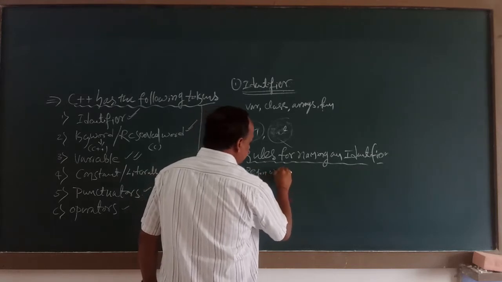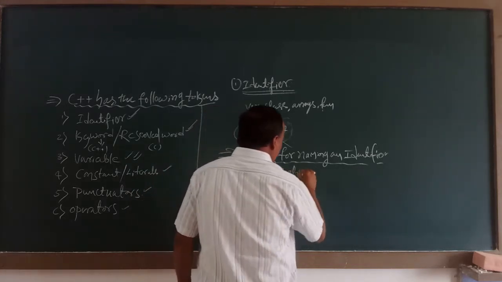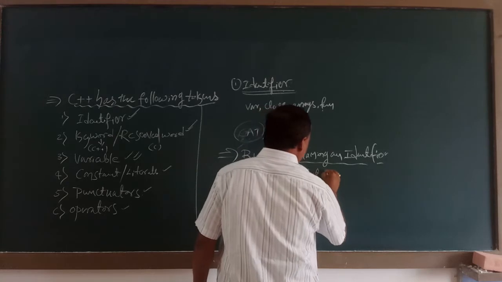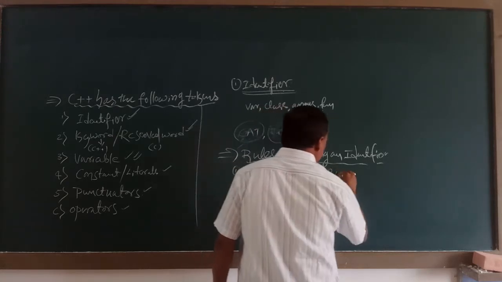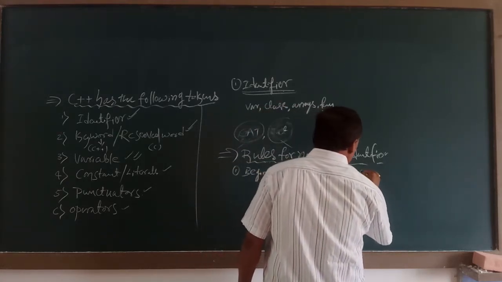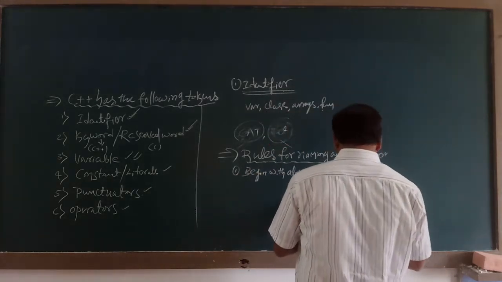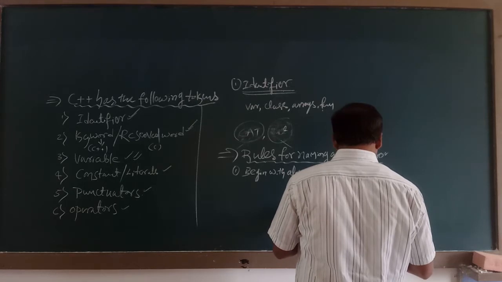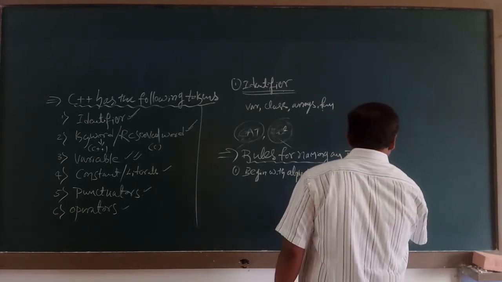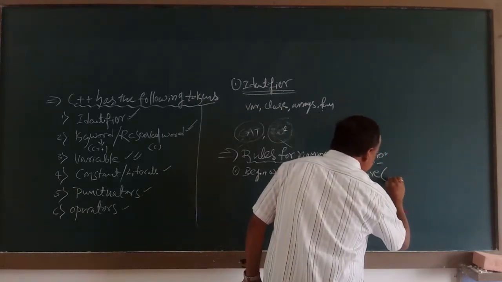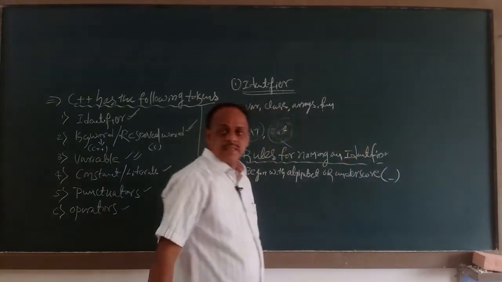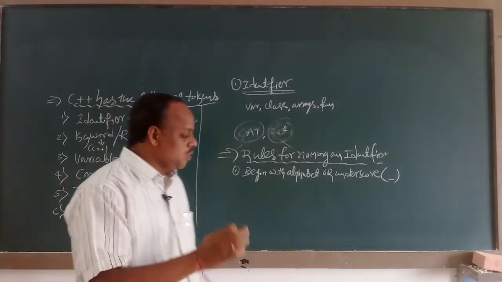Begin with alphabet or underscore. Underscore means like this, right? Like this. So what is the first rule?